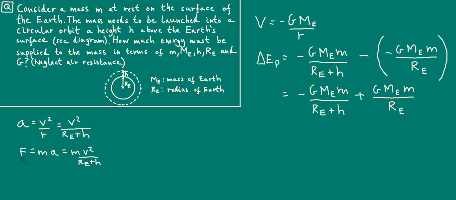So we can replace F with Newton's formula for the attraction between two masses, which is given by big G, the gravitational constant, multiplied by the product of the masses, so the mass of our satellite, little m, the mass of the Earth, divided by the square of their separation.